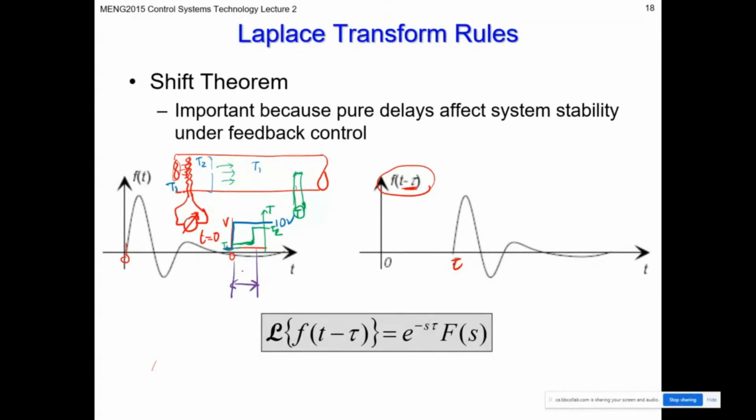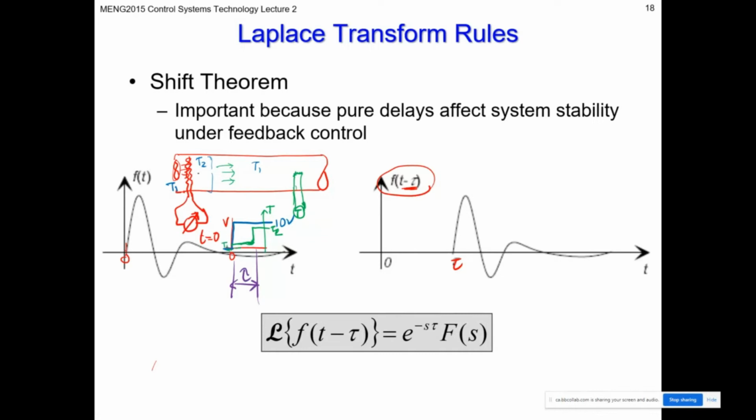This lag is called tau. It's a pure time delay between the time when a control action was executed on this system, which is the voltage was stepped from 0 to 10, right?